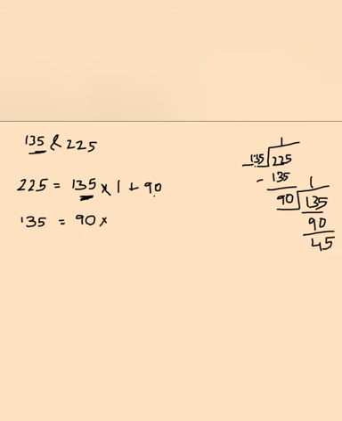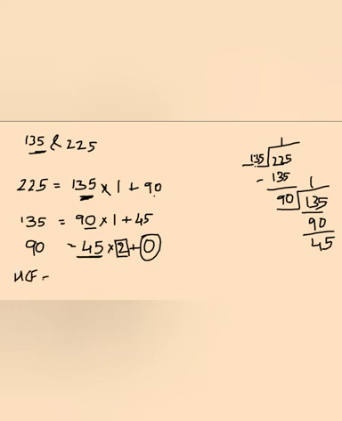Again the same step: we write the divisor here, and the remainder becomes the divisor. 90 equals 45 into 2 plus 0. So 45 when multiplied by 2 gives remainder 0. So our HCF is 45.